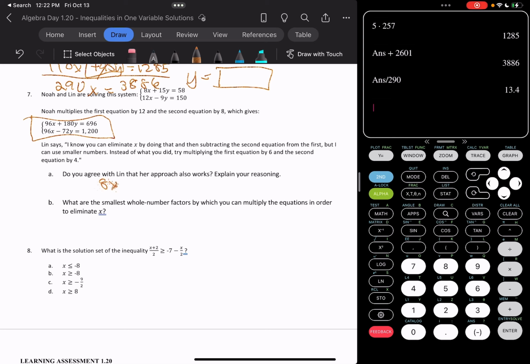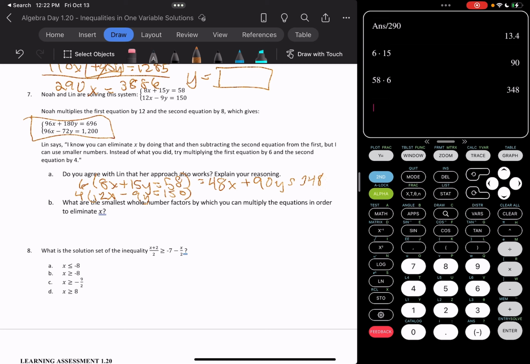So if we have 8x plus 15y equals 58, and then 12x minus 9y equals 150, if I multiply the top equation by 6 and the second equation by 4, I will end up with 48x plus 6 times 15, which gives us 90y, equals 58 times 6, which is 348.